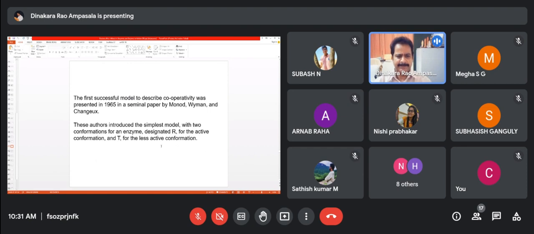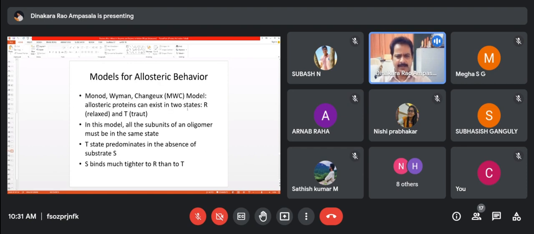R means relaxed, where the protein has a relaxed conformation. Then it will have more binding sites for the other molecules. They will interact with them, and then these molecules get activated. T is the tense state, which is less reactive, so it is not getting into the active form. In this model, subunits of all oligomers must be in the same state.